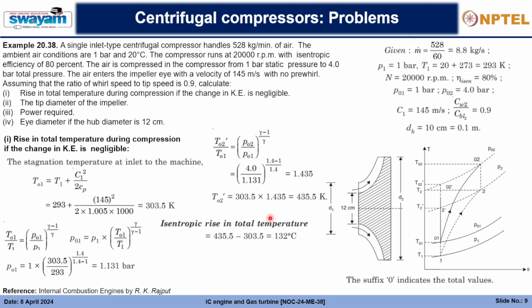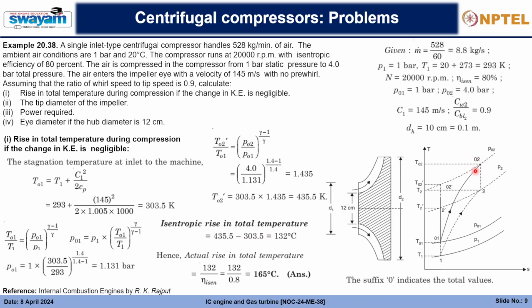So the isentropic rise in the total temperature is 435.5 minus 303.5, that is 132 degrees Celsius. The actual rise in the total temperature is 132 divided by 0.8, that is 165 degrees Celsius, and we'll add it to 303.5 and we'll get this temperature T02.